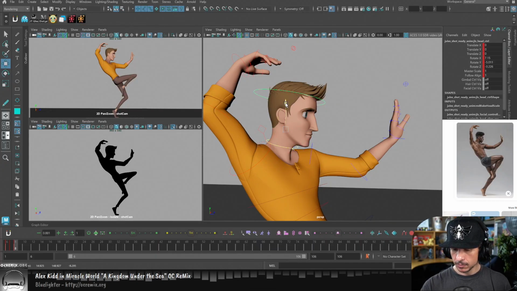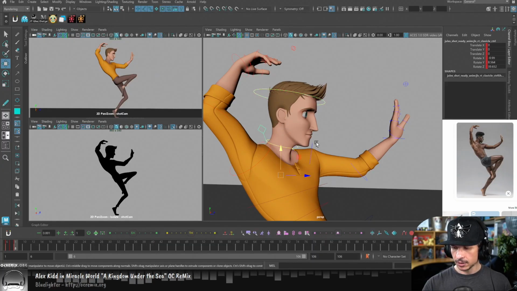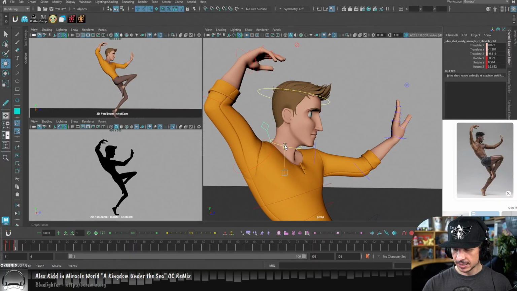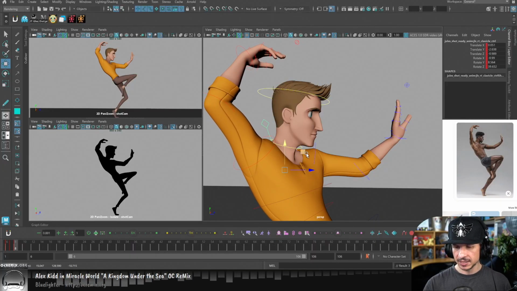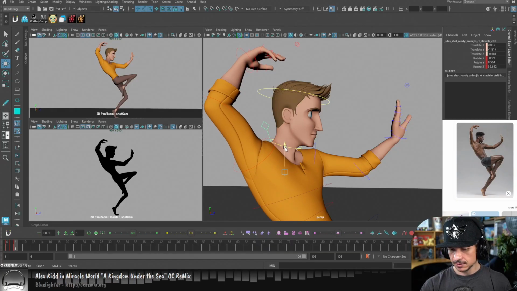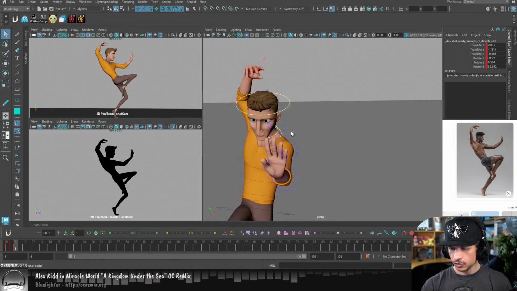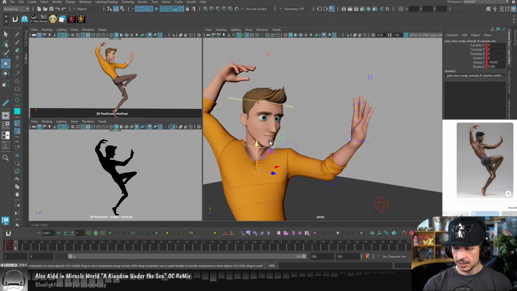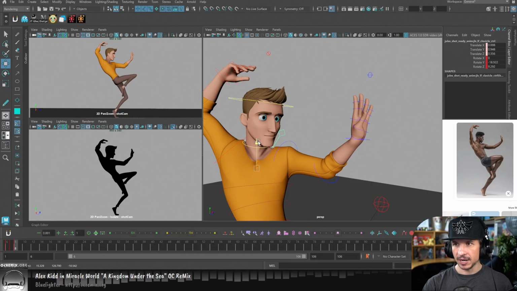So if I need to, I can just nudge his head down slightly or cheat his clavicles up a little bit more. For example, take this clavicle and I'm going to translate it up a little bit to help give more of that muscle connection in there. Normally I try to avoid translating clavicles, mostly because that's not how our body moves.